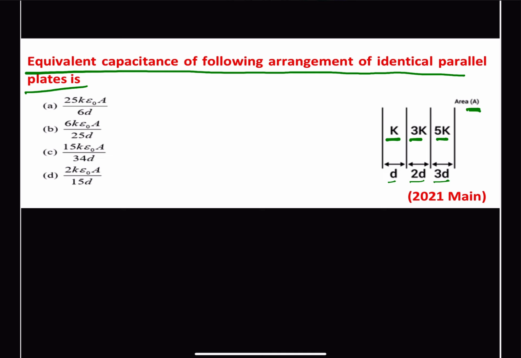So we can just draw its equivalent. This will be our first part, it is short circuited with the second part, and that with the third part. Let us suppose this is C1, C2, C3.